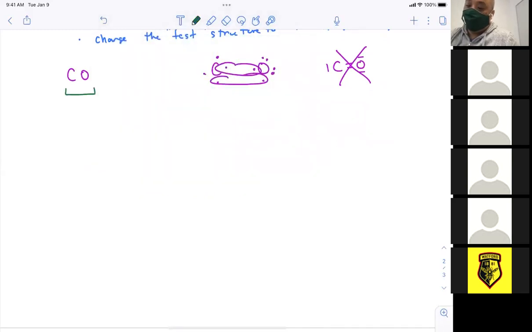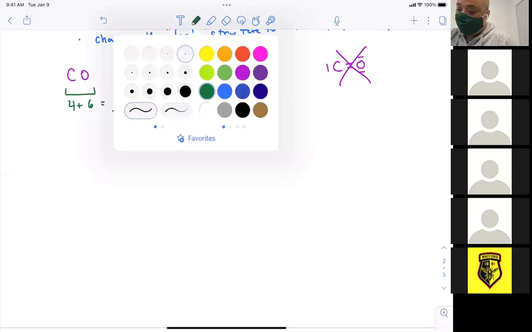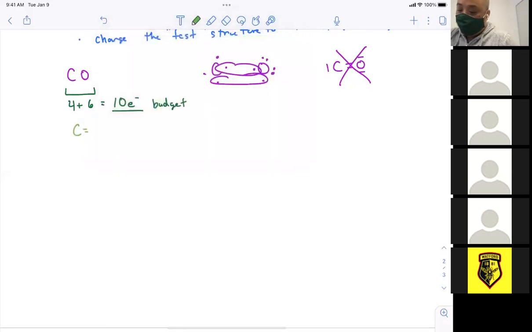When I look at CO, carbon has 4 valence electrons, oxygen has 6. That means I have 10 electrons for my budget. So my structure can only have 10 electrons total in my structure, bonds and lone pairs all included. Okay. Now, carbon needs to have an octet, and oxygen needs to have an octet because they both have 4 or more valence electrons.